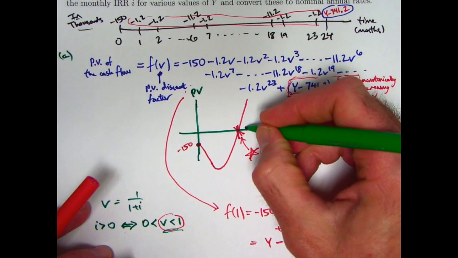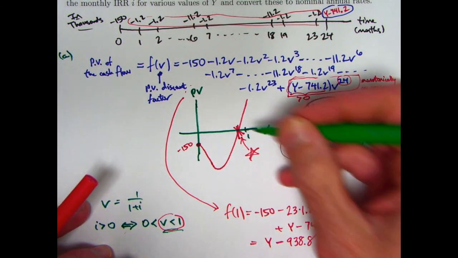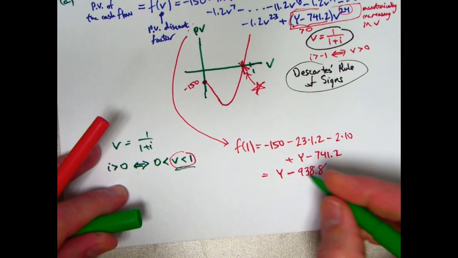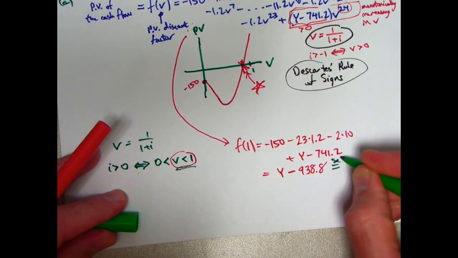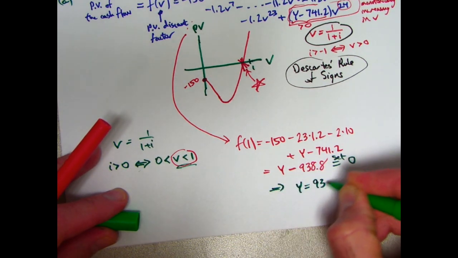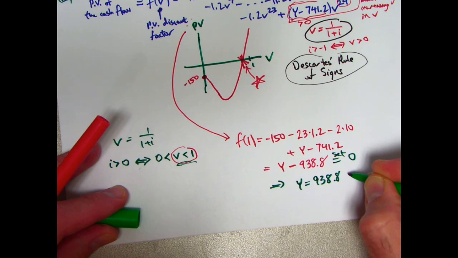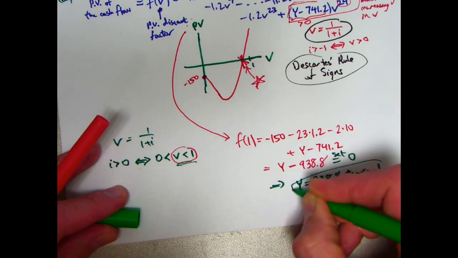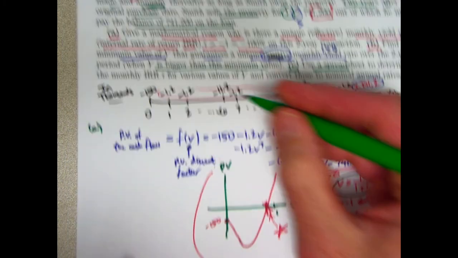In this graph, 1 would be like right there, and we'd have a unique value of V less than 1. So setting this equal to 0 and solving for Y to get 938.8 thousand dollars or euros or whatever is the answer to question B.